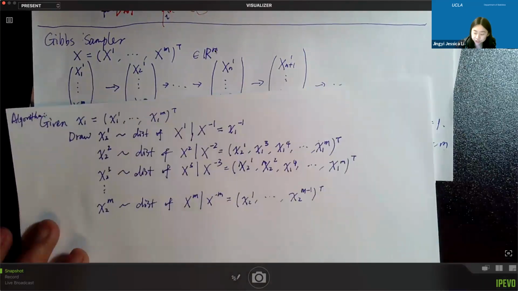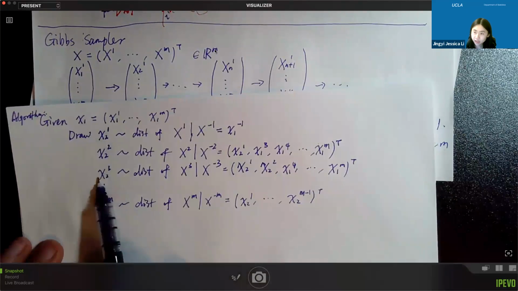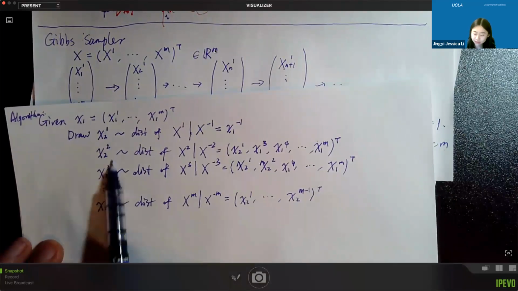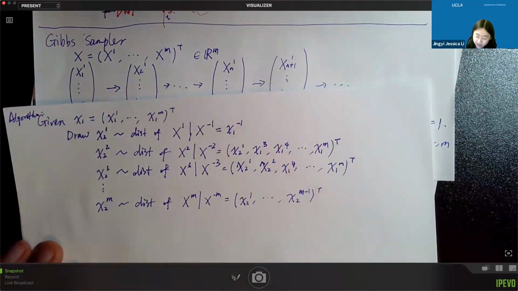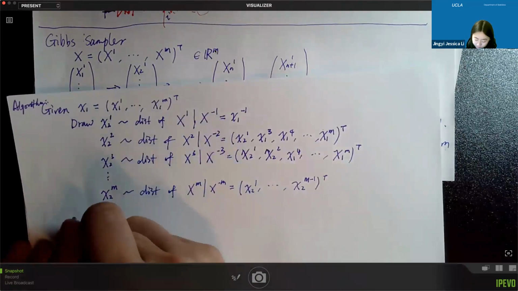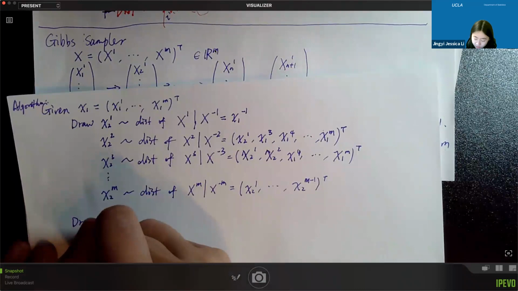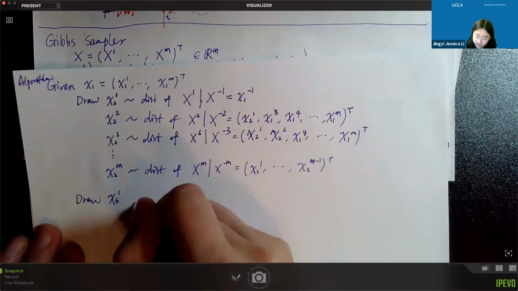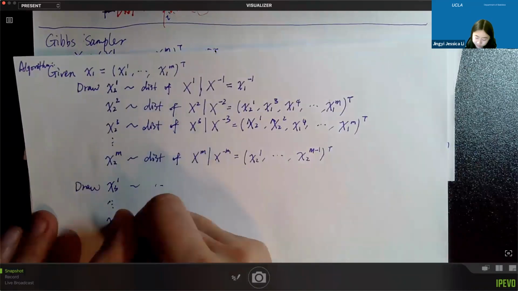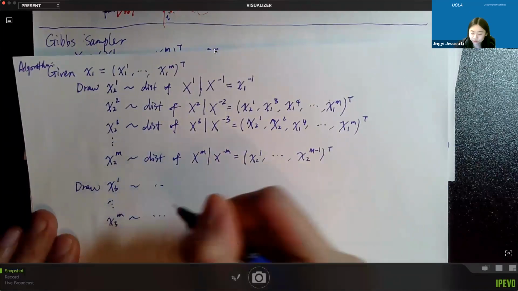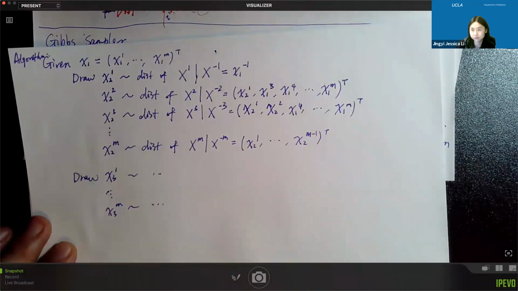Okay, so after m updates, I finally draw the realization of my x2 in the Markov chain. And then I will draw x31 similarly and go to x3m. So I will draw m times to get the third realization of my random vector. So that's how I grow the chain.